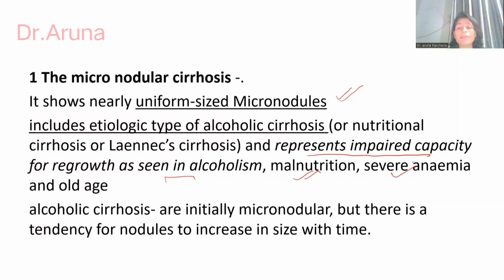Initially, alcoholic cirrhosis is micronodular, but later on, there is a tendency for the nodules to increase in size.